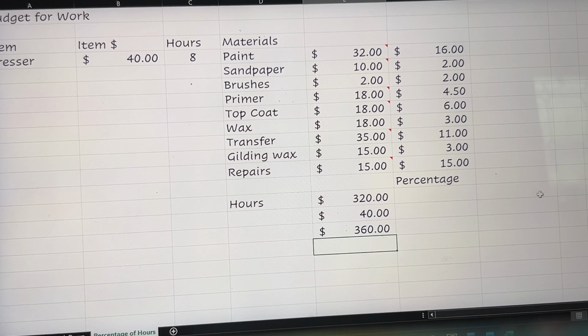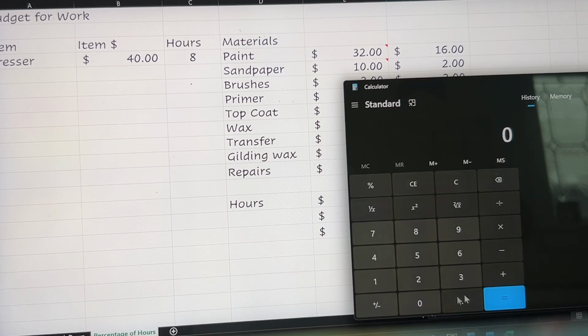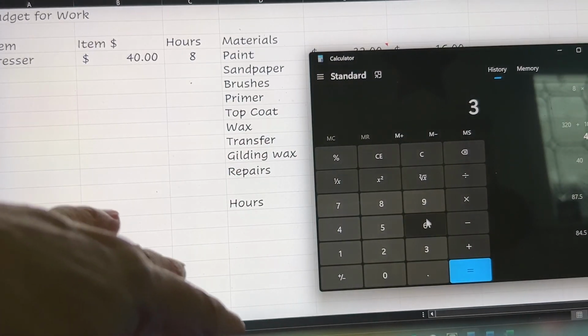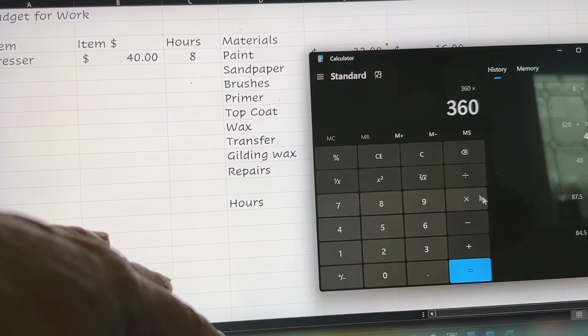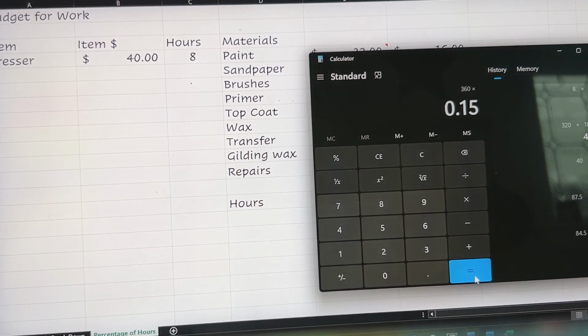And 360, I'm going to use 15%. So to get 15% of $360, I'm going to take 360 times 0.15, which is how you would calculate percentage. And forgive me if I'm being kind of pedantic here.